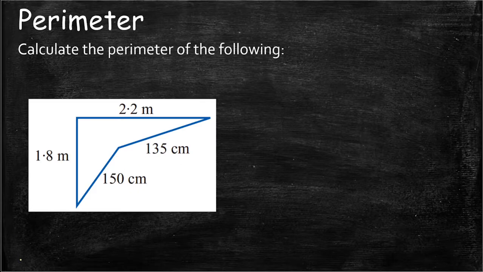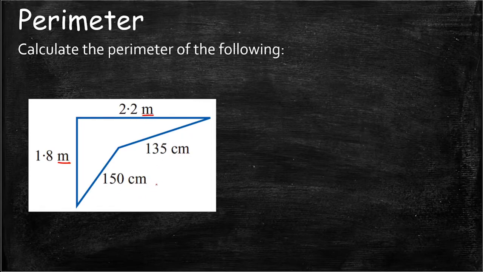Alright, second last question for this lesson. We need to work out what the perimeter of this shape is. Now, just quickly look at all the units and check if all the units are the same. Well, they're not. So the first thing we need to do is to convert all the units so that they are the same. I've got meters and meters, and I've got centimeters and centimeters.